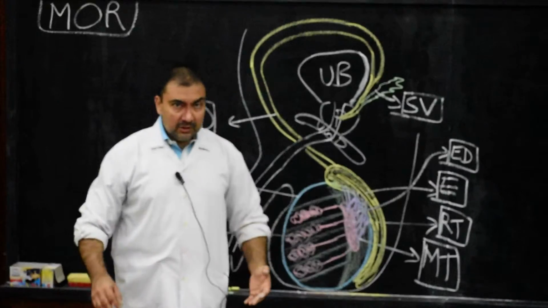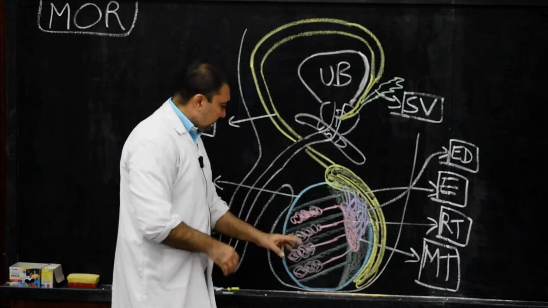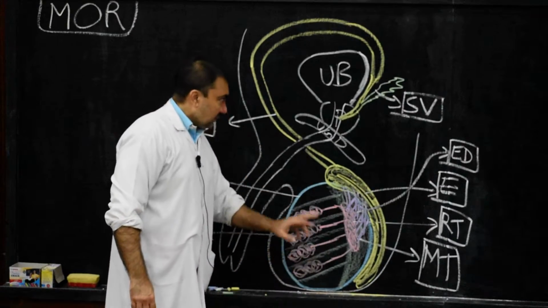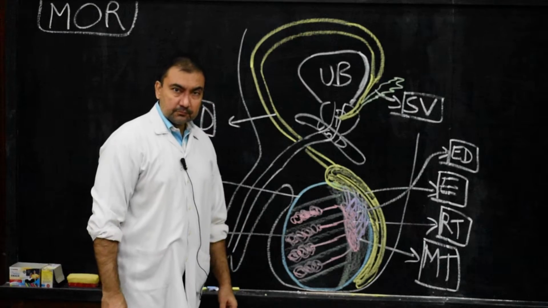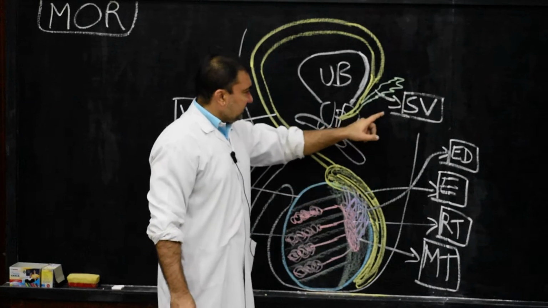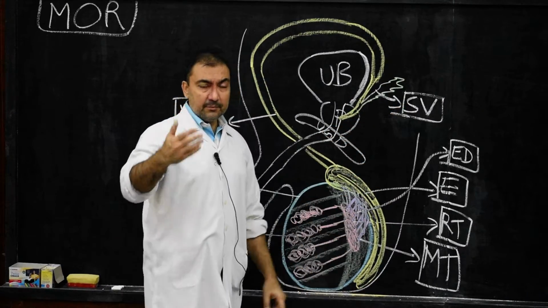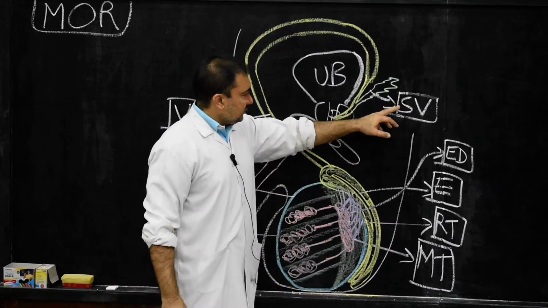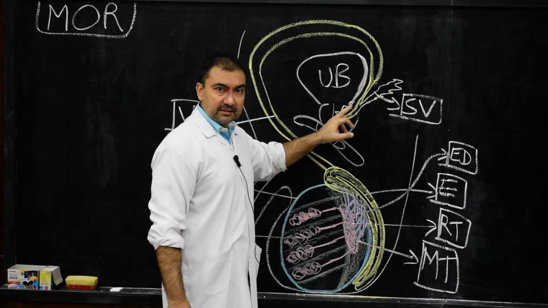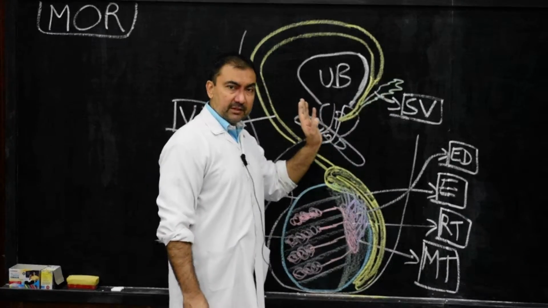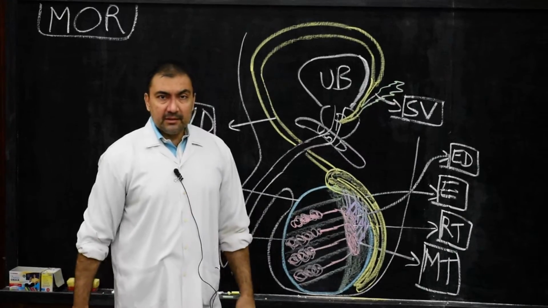Now we come to one important diagram of seminiferous tubules. Remember, prostate and seminal vesicle are accessory male reproductive organs. The duct of seminal vesicle fuses with the vas deferens to form ejaculatory duct, which will open in the prostatic part of the male urethra.